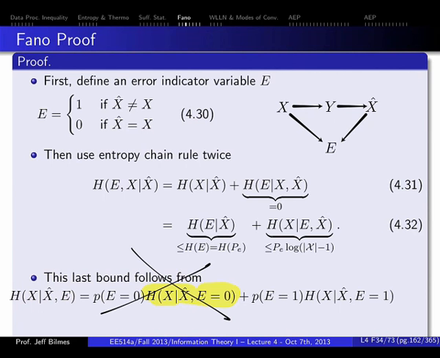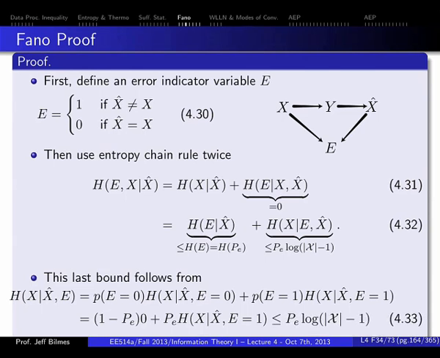And then the probability of error equal to 1 is just PE. So this whole first term is 0, and this thing becomes PE times the remaining maximum entropy, which is in the uniform case, assuming it's uniform over the rest. So that's a way to get this bound. It's kind of silly, but it works.